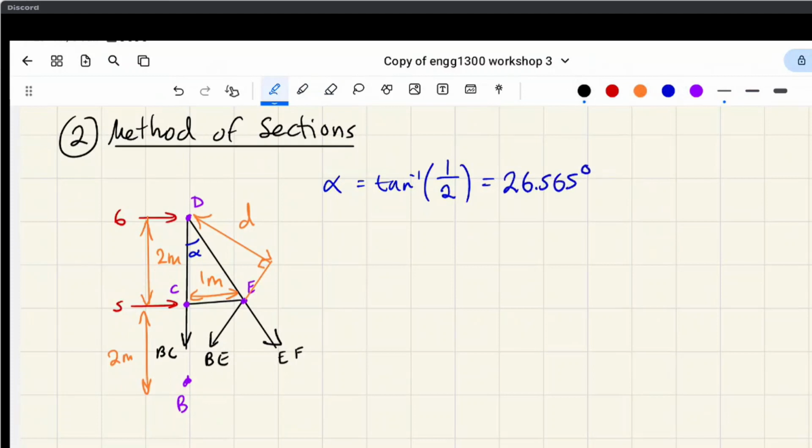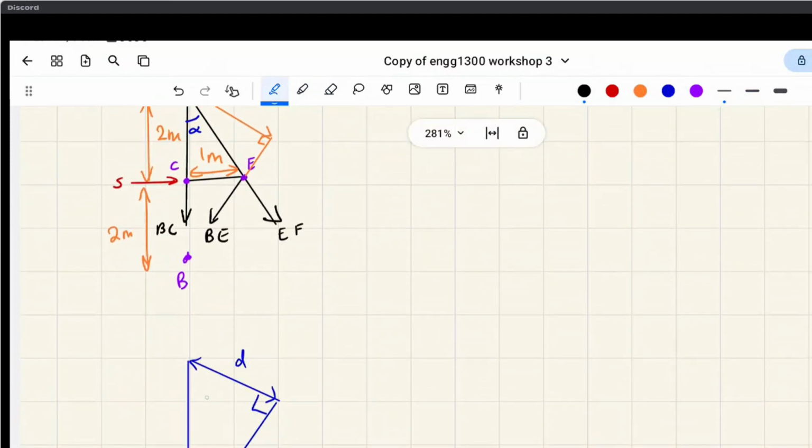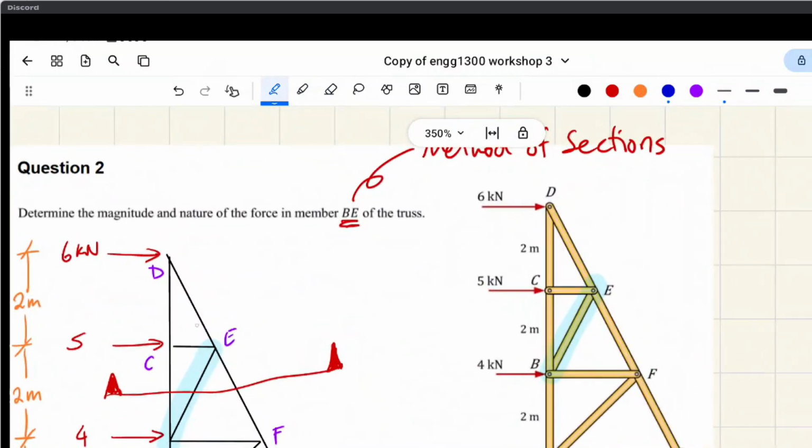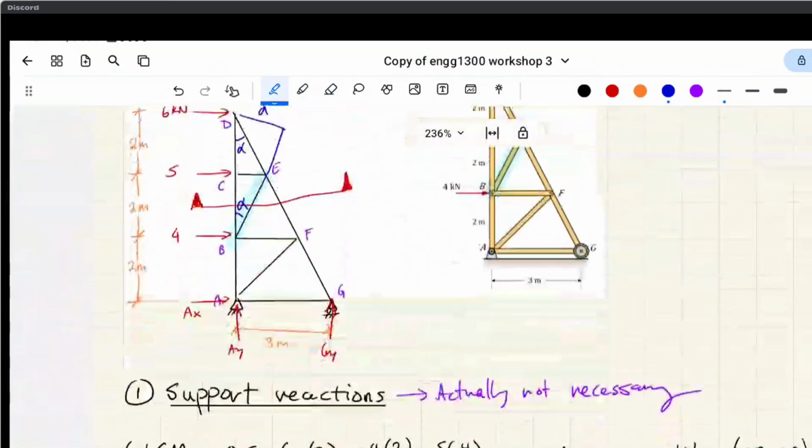And then essentially, because of similar angles, you'll find that alpha is actually, so I guess you can see it here. This is alpha, and this is also alpha, right? So therefore, when we're solving for D, it's kind of like that.